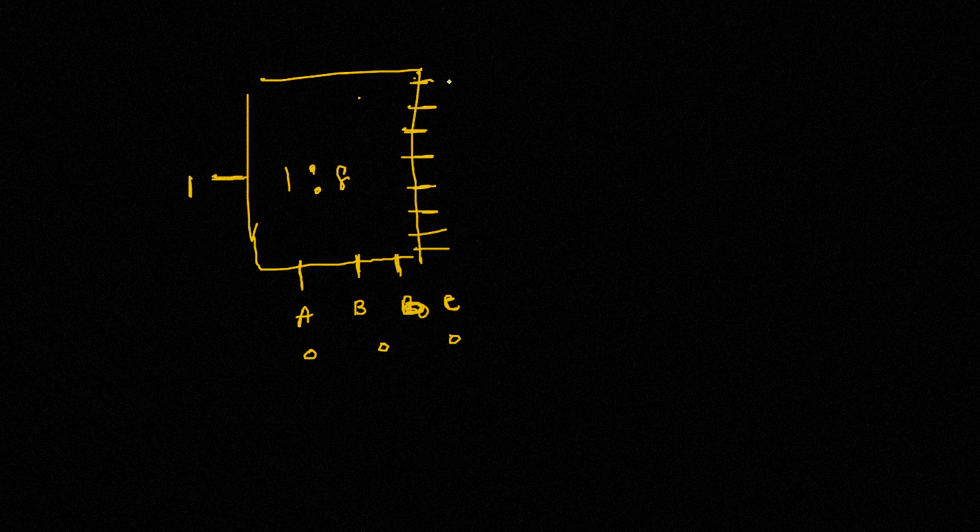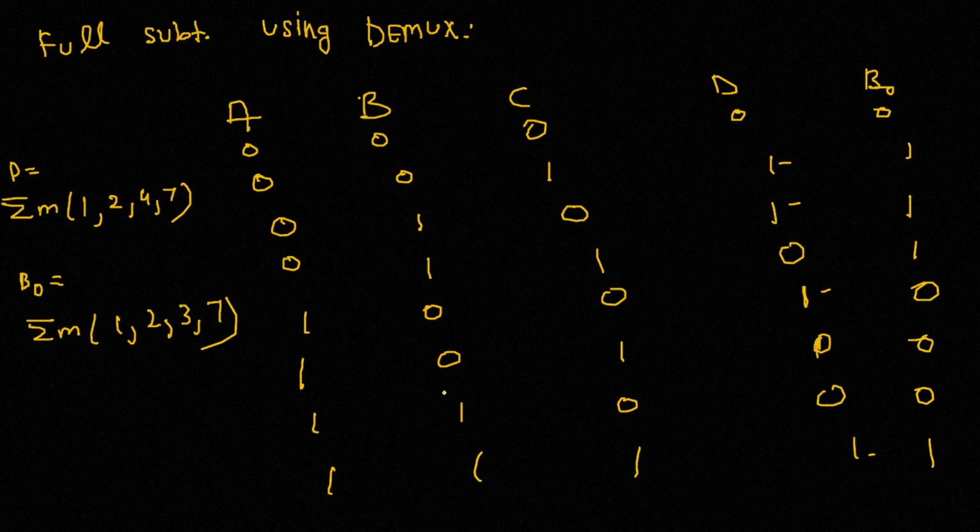In that case the first output gets selected, but we do not want the value of 1 for 0. We want the value of 1 for 0, 0, 1, and for 0, 1, 0, and so on, only for particular values. We want the value of 1 to come out for 1, 2, 4, and 7.